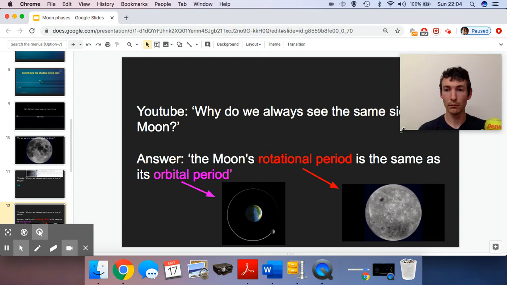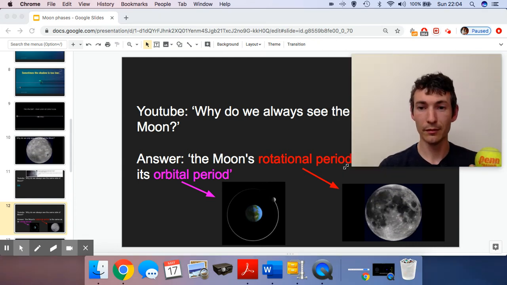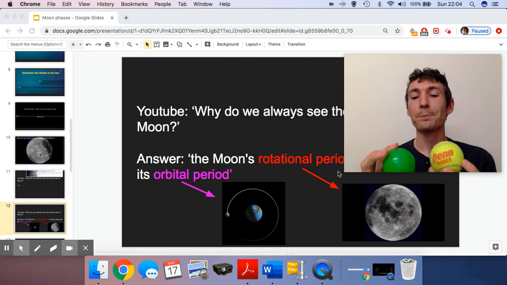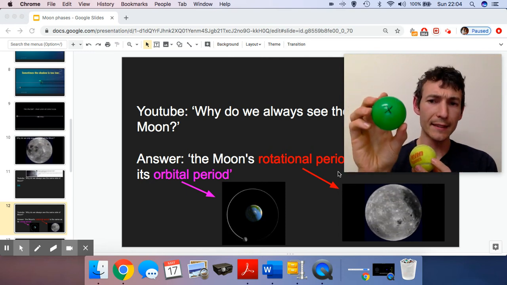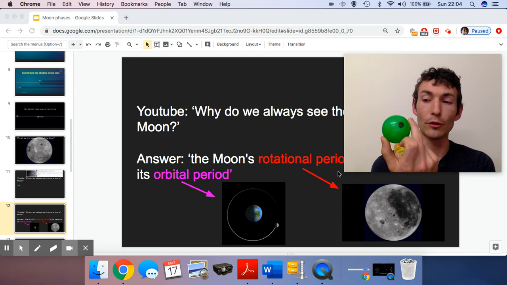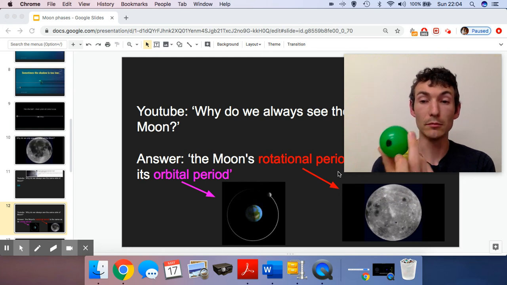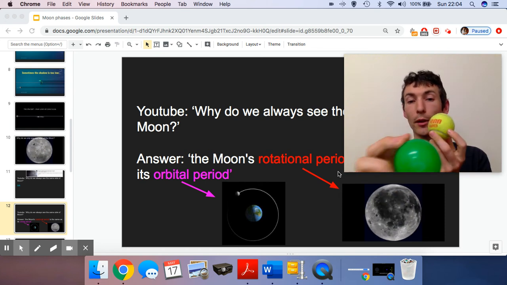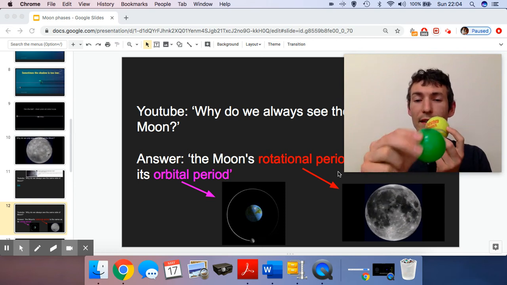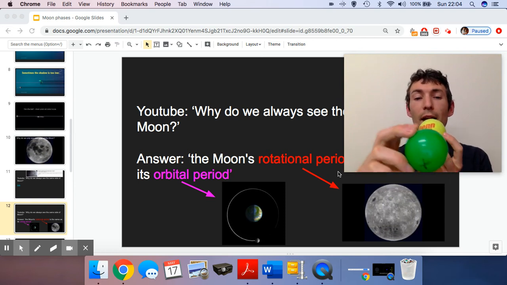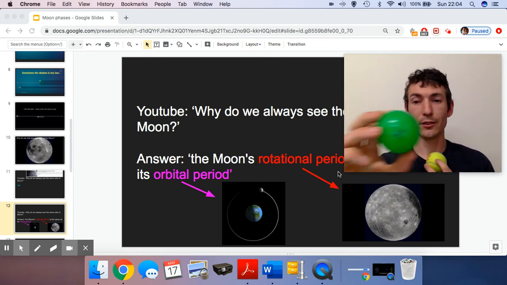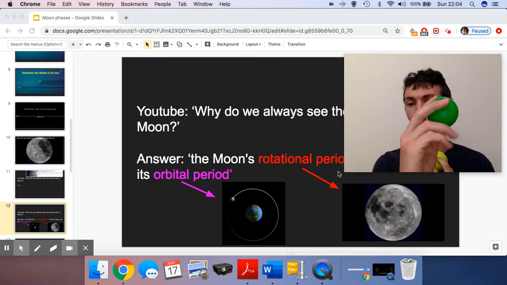So this X is going to represent the far side of the moon. The dot is going to represent the side of the moon that we always see. So here's the tennis ball, and the X is facing you guys at the moment, and that's because the dot is facing the Earth. Now, as the moon orbits, the moon also is rotating.